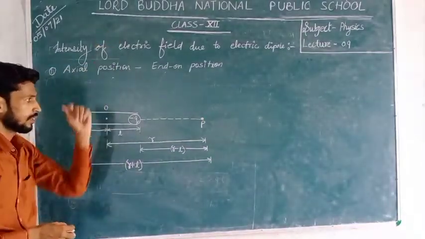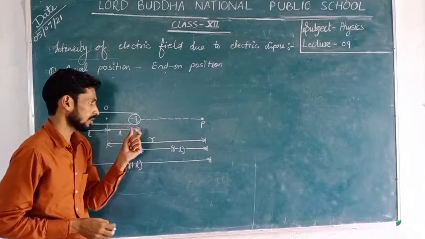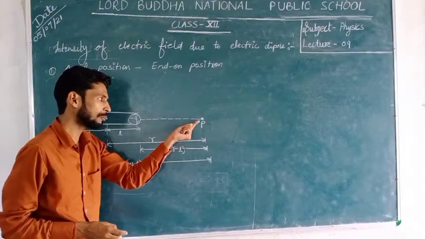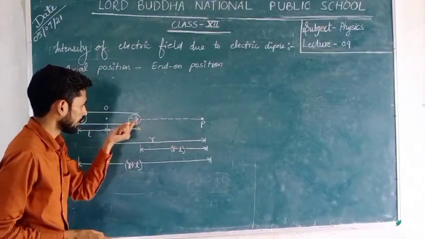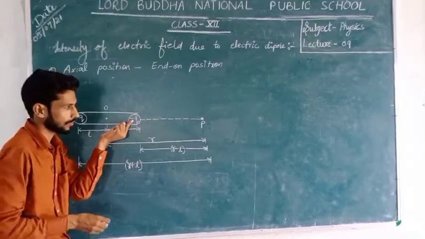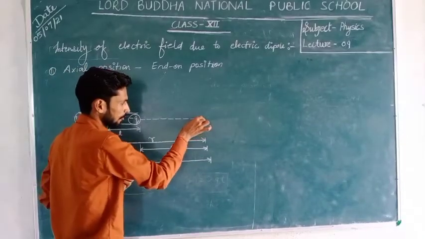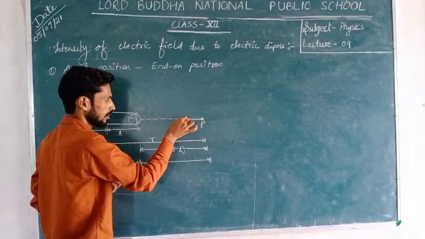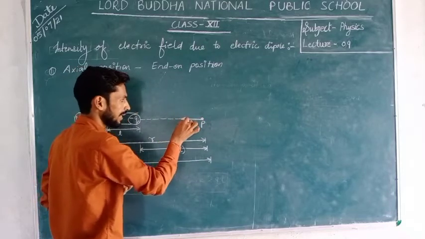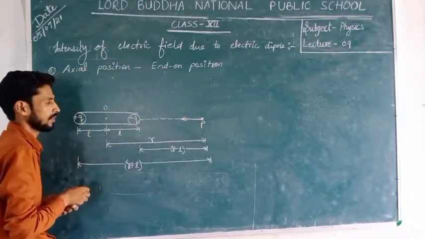At the point P, due to minus Q charge, the intensity of electric field will be in this direction.